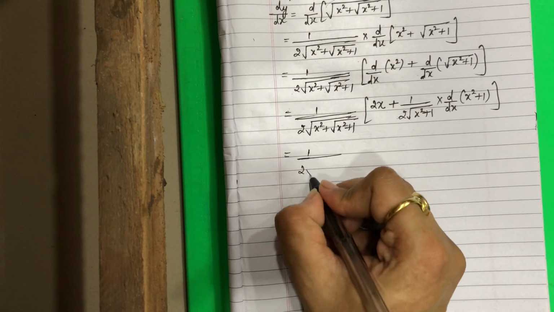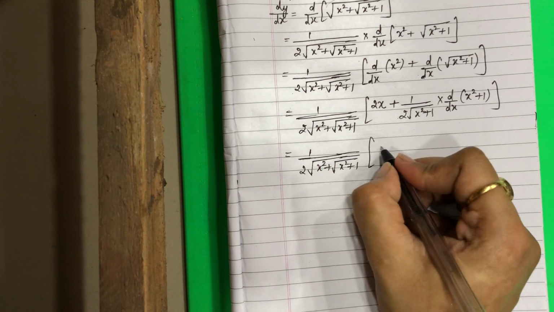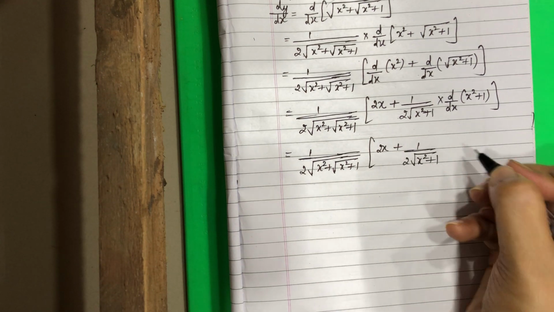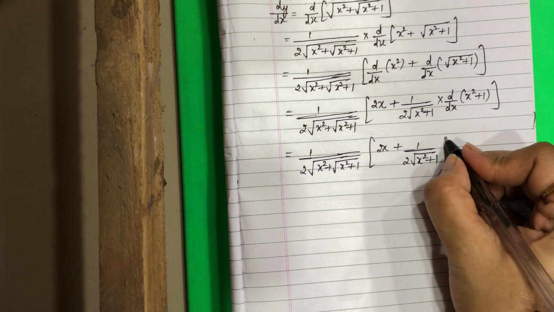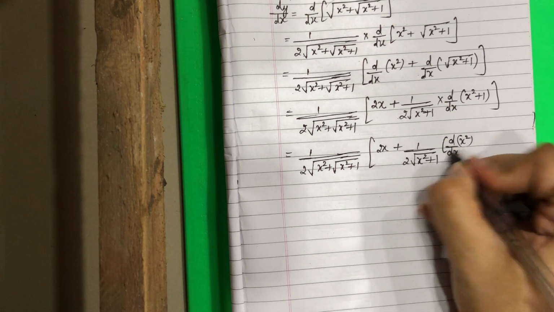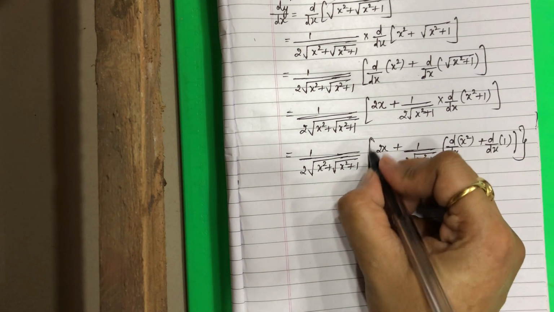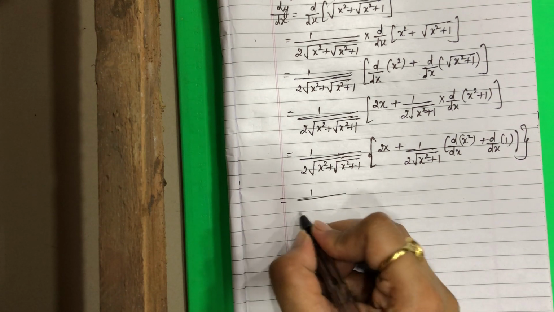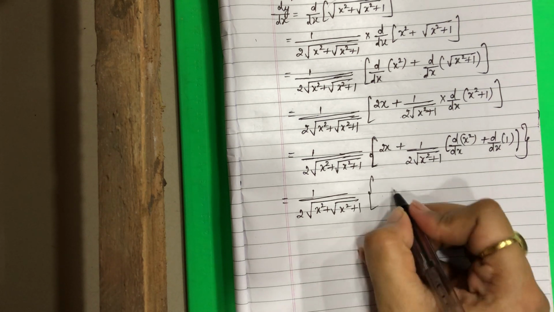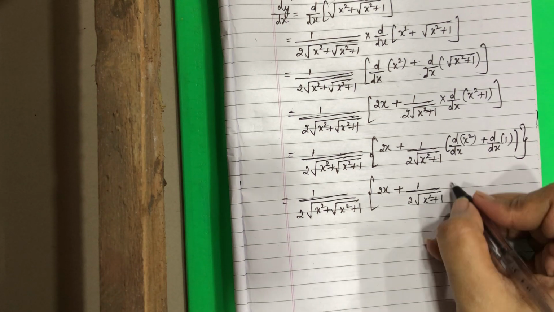So 1 upon 2 root x square plus root x square plus 1 bracket 2x plus 1 upon 2 root x square plus 1, bracket d by dx of x square plus d by dx of 1, bracket close. So this gives you 1 upon 2 root x square plus root x square plus 1 bracket 2x plus 1 upon 2 root x square plus 1.